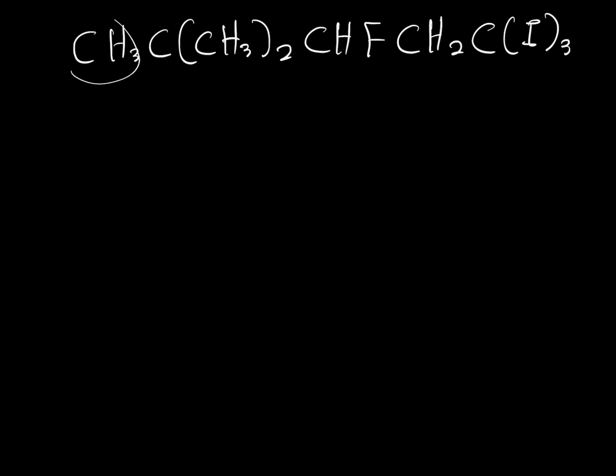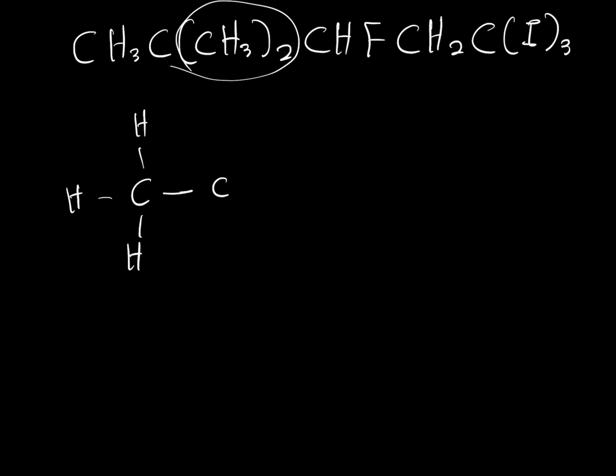So again, we start with the CH3 on the left side. And then we have a carbon that has 2 methyl groups attached to it. So the CH3 is a methyl group, and it has 2 of them. And we said that when you have a methyl group in the middle, you put it off to the side. So this would be the main chain, and then you'd put it off to the side here.